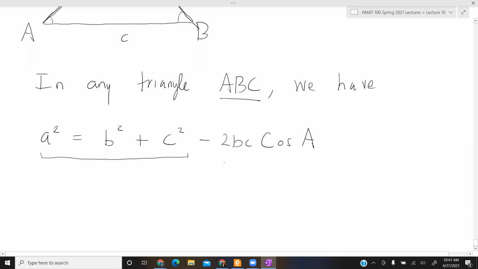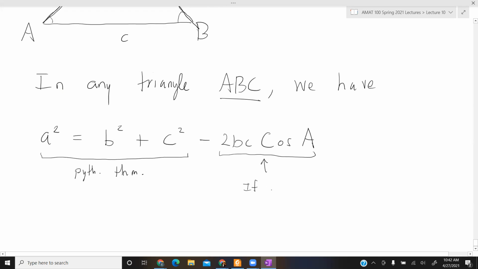Yeah, you got to subtract off this term right here. So this is the Pythagorean theorem right here. And then this is the term you have to subtract off, because you have to correct for the fact that the triangle you start with might not necessarily be a right triangle. But notice, if A is a 90-degree angle, in other words, you are dealing with a right triangle, this is 0.